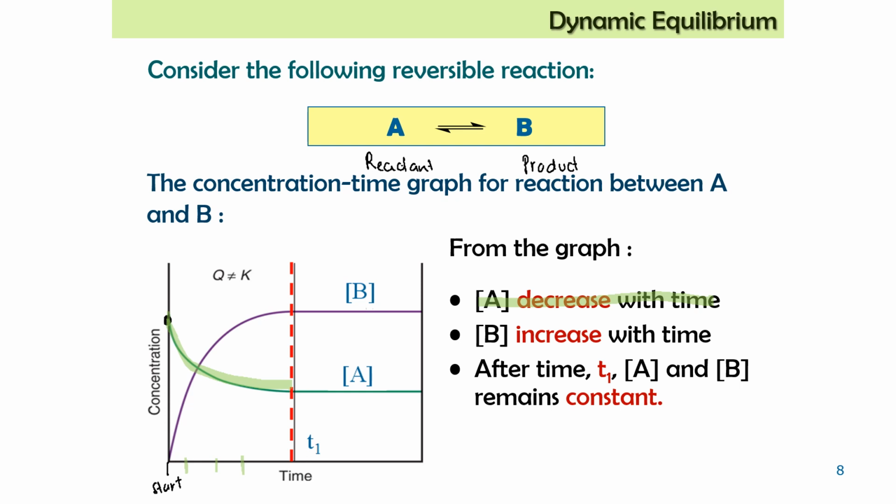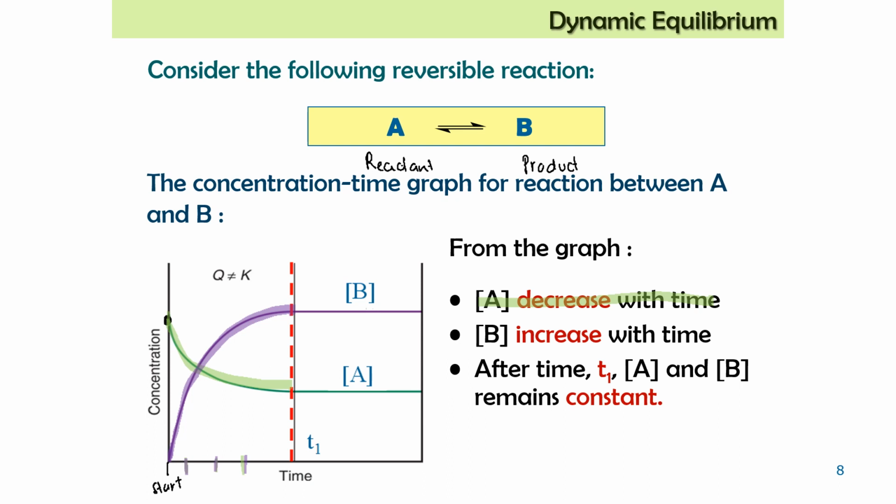When A dissociates to produce product B, as time increases, 10 seconds, 20 seconds, 30 seconds and so on, you will have an increase in this graph. The concentration of B will slowly increase until it reaches this point.